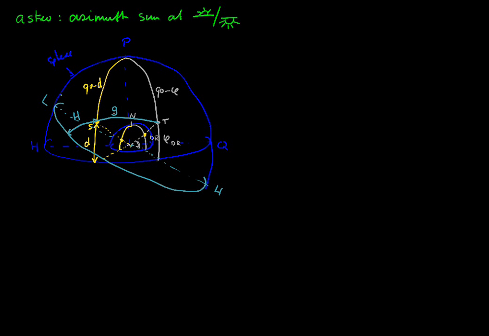In the triangle this would be 90 minus the height, because from the horizon to T is 90 degrees, because T is the point when you look upward.